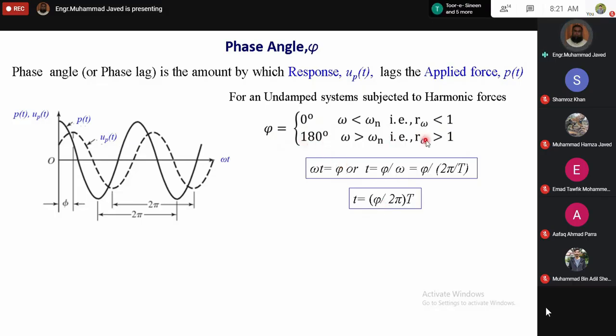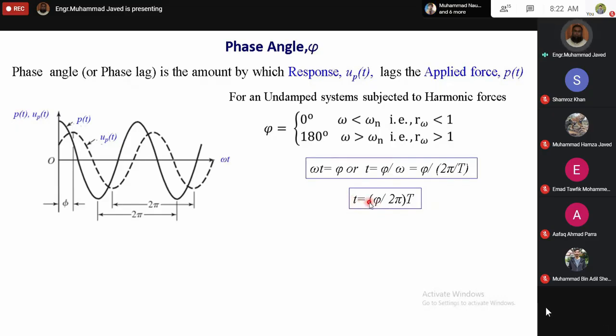But when the frequency ratio exceeds 1, phi is 180 degrees, and this time is how much? 180 degrees divided by 2 pi into T. 180 degrees is equal to pi radians.